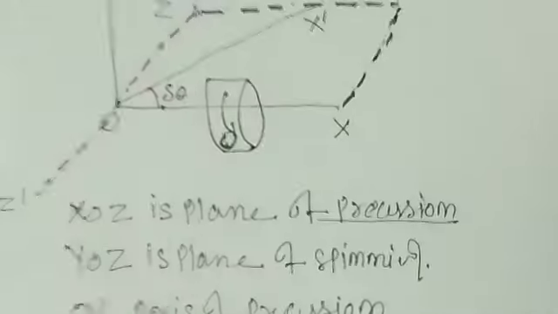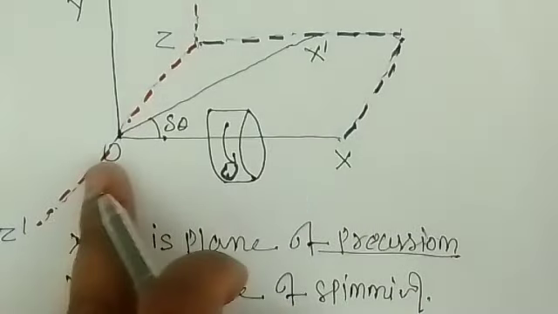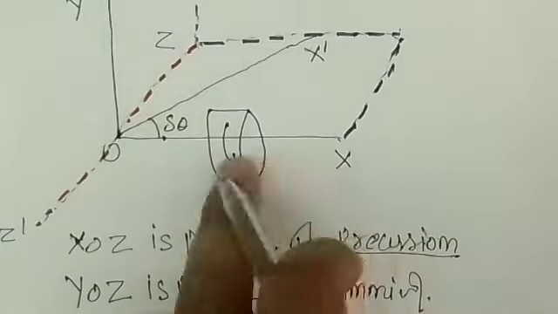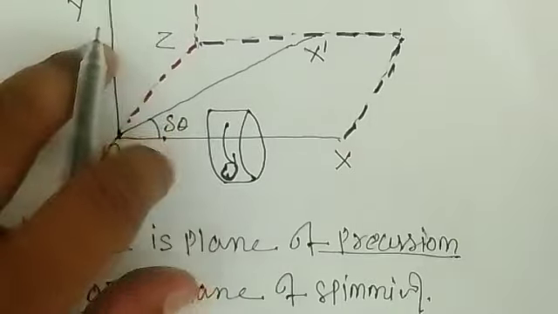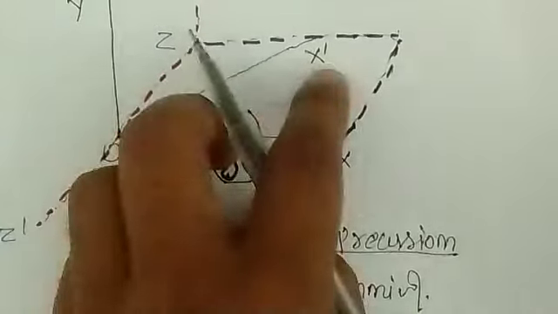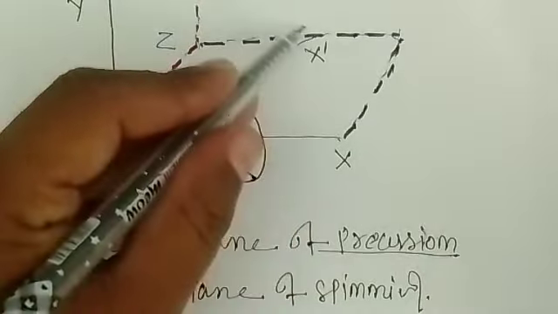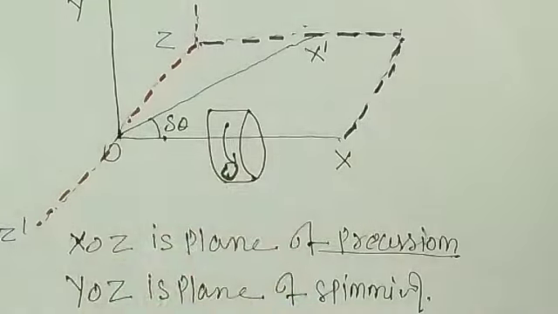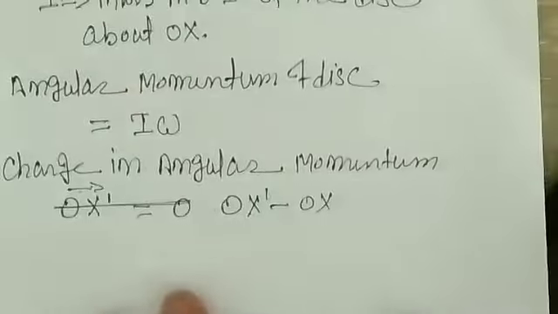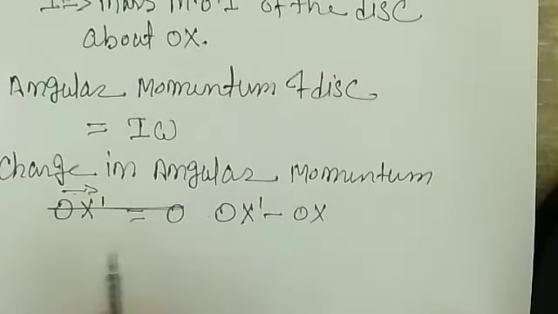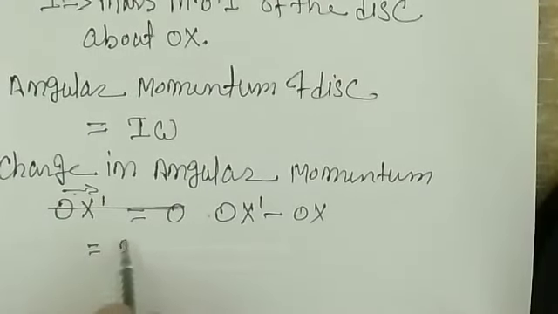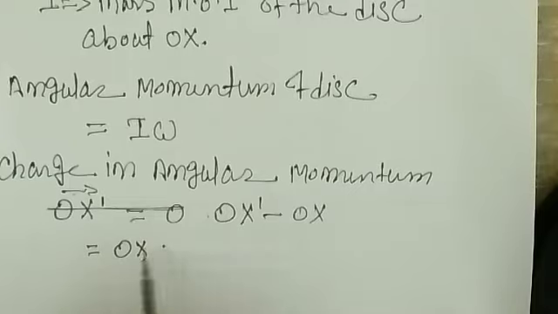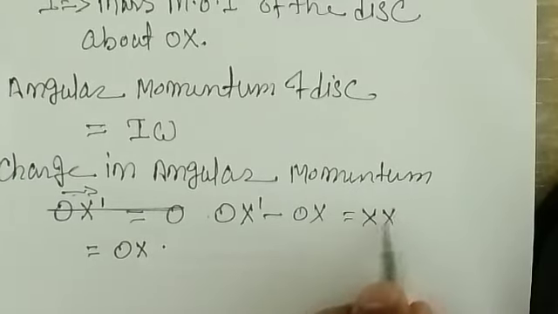If you look here, the body was initially spinning on the axis OX, and after a certain displacement it reaches OX dash. So this much momentum has changed. The change in angular momentum is final minus initial, so that is what we are doing. Here you can write that it is equal to OX dash minus OX, that is xx dash.